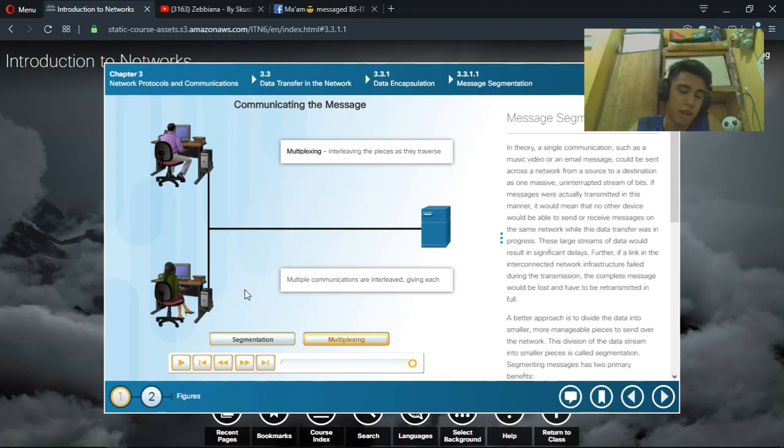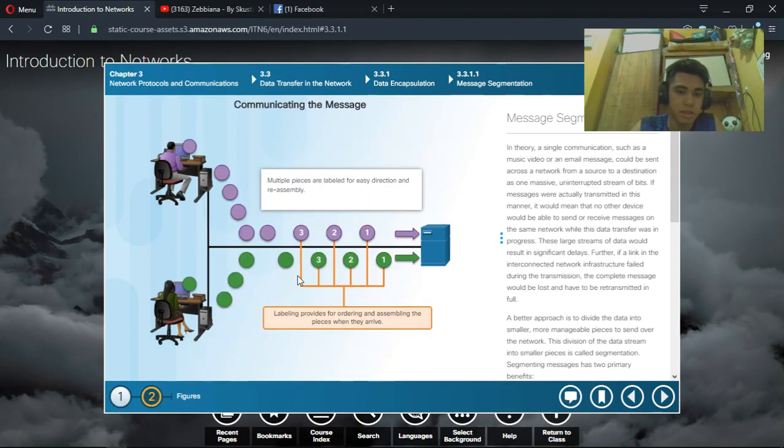And in multiplexing, the messages of two computers are both divided, and they send each divided message simultaneously.